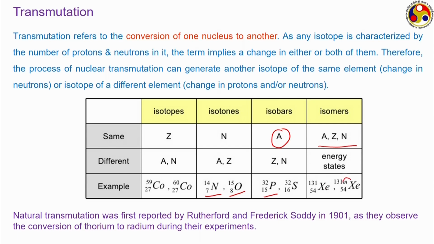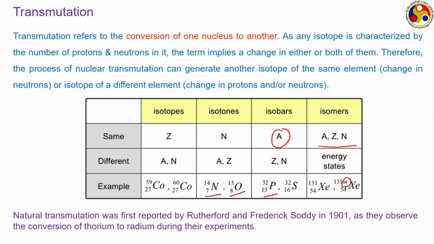However, this particular one has an M associated with it, which actually refers to an excited state, that is, it has a higher amount of energy content with it. And whenever this second isotope of xenon undergoes some kind of transmutation process, which is associated with the release of only energy, it can get converted to the other one.